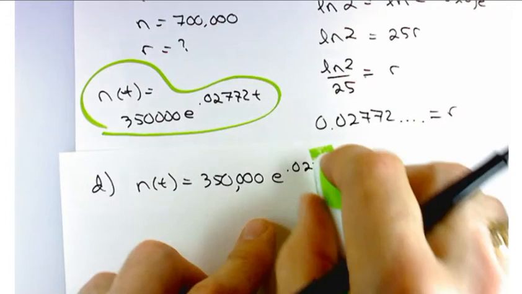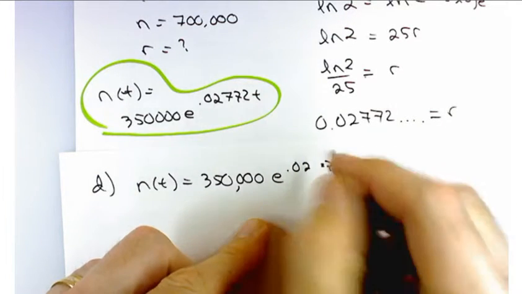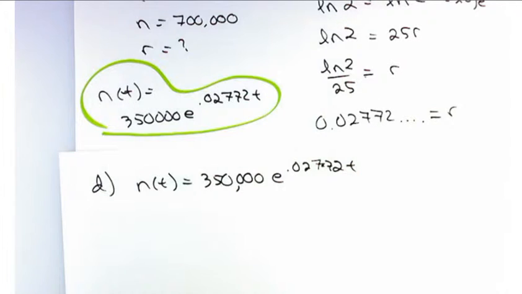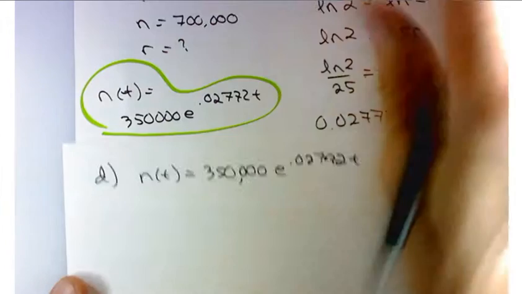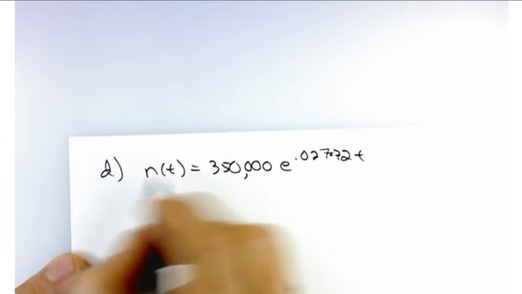So if I want to know when there's going to be 1 million in our population, then let's put in 1 million for N of T. Was it 2 million? Okay, thank you. 2 million.